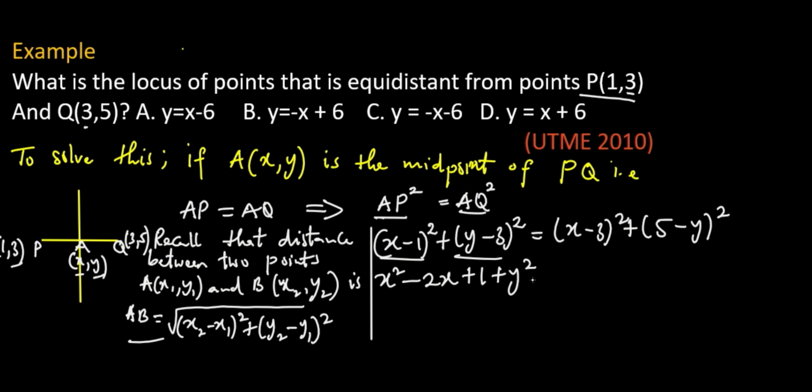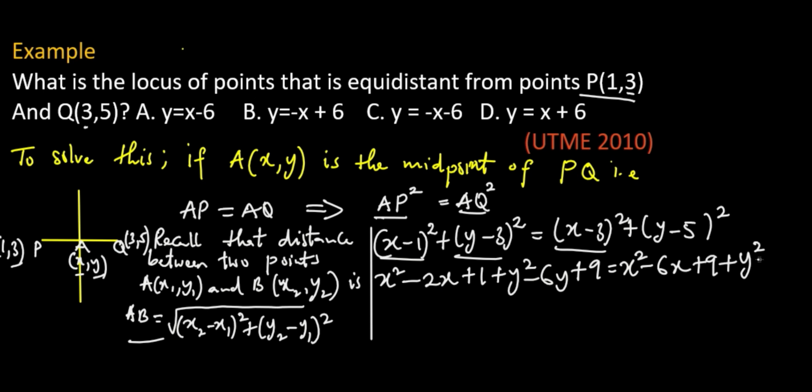We expand it. y squared minus 2 times 3 times y, so minus 6y plus minus 3 squared gives you 9. Plus we expand that one as well. We have x squared minus 6x plus 9. You should know how to expand that. We equal to, let me change this one now to y minus 5 as well.